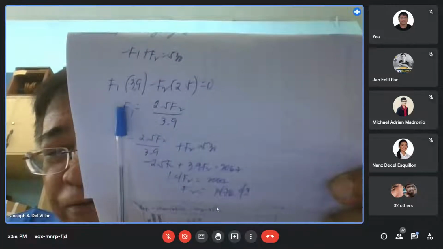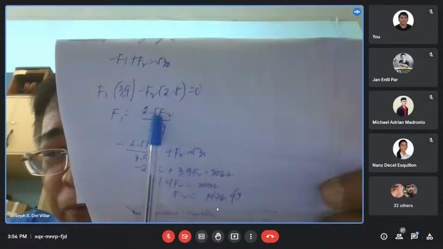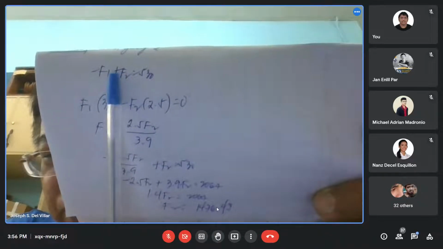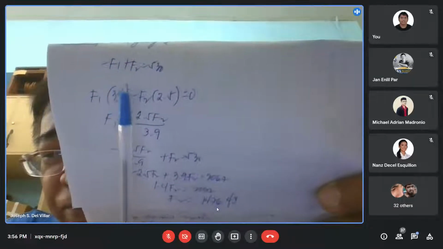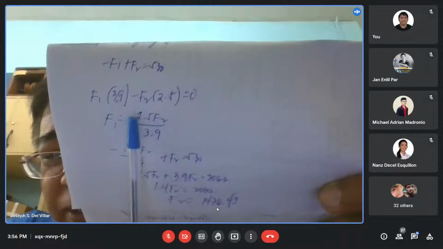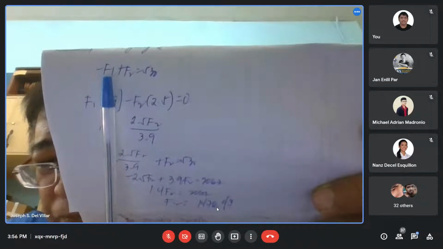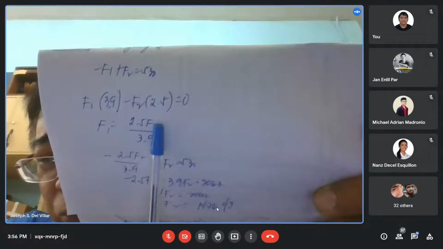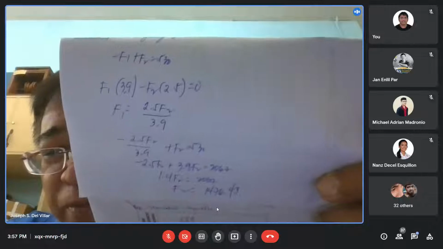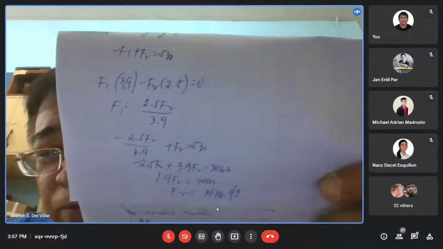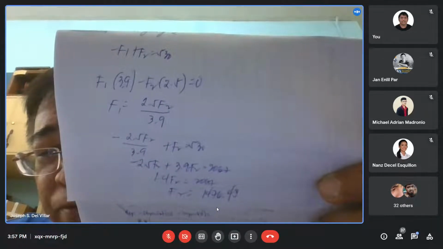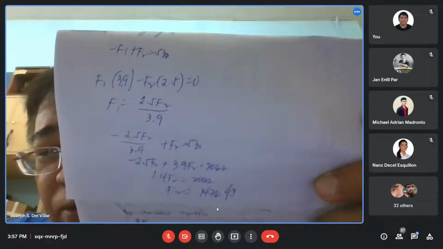Tapos, yung F1, in-express natin in terms of F2, sinubstitute natin doon. Kaya pag sinubstitute doon, yung F1 lahat na in terms of F2. So lahat na siya in terms of F2, you can now solve for F2 kasi isa na lang yung variable. Correct?